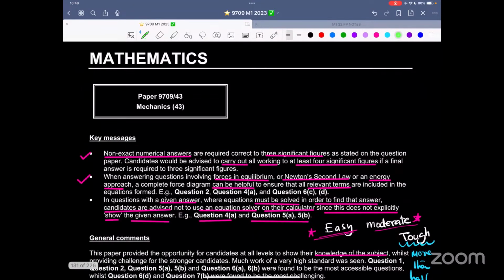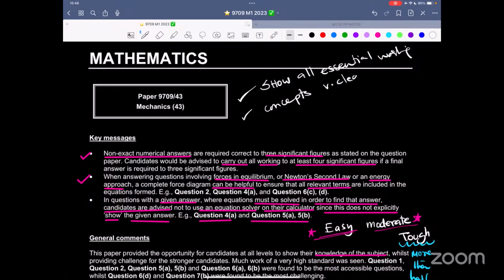Basically, remember the wordings, remember the working, show all essential working. That is one thing. Your concepts should be very, very clear. Draw diagrams where needed. Work with clarity.